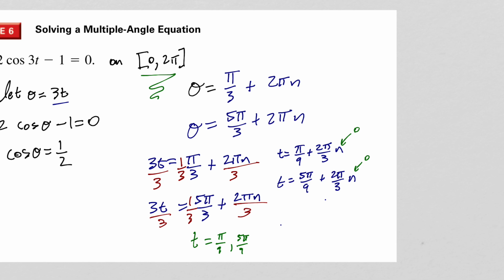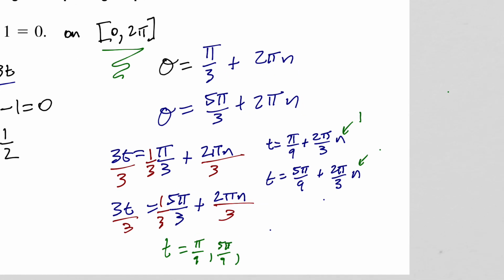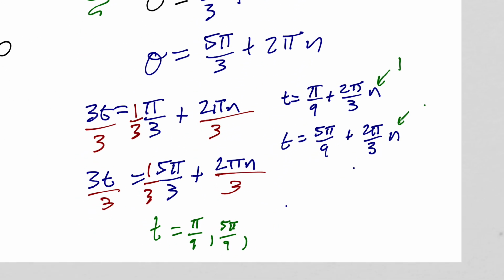And the solution we get, as long as it's between 0 and 2 pi, that's going to be part of our set of solution values for t. The next thing I would plug in for n would be, for example, 1. If I plug in 1 for n, I get pi over 9 plus 2 pi over 3. 2 pi over 3 is what? 6 pi over 9. 6 pi over 9 plus pi over 9 is 7 pi over 9.